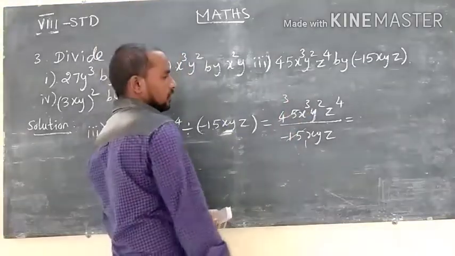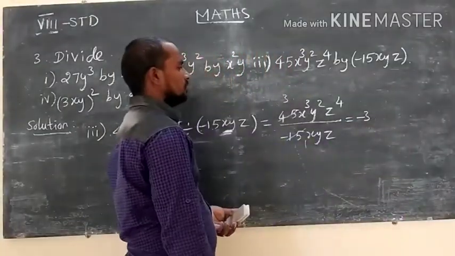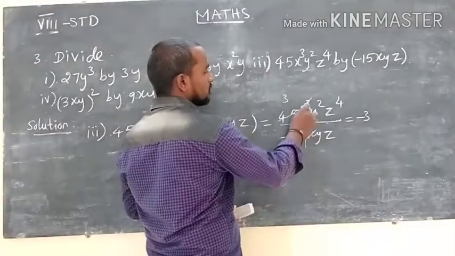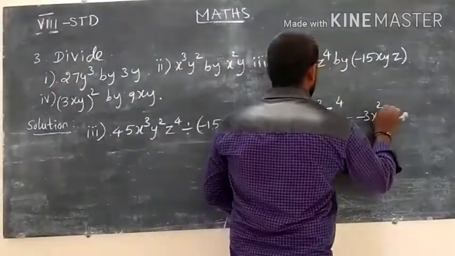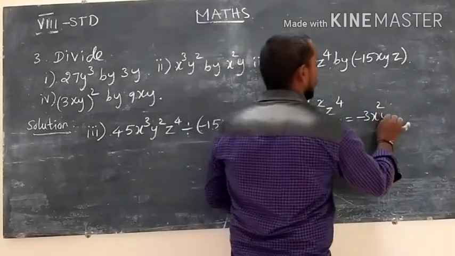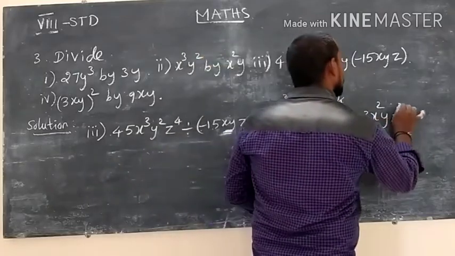The minus 3 is the coefficient of the term. So x and x are cancelled, only 1x cancelled, remaining x square. In the same manner, y and y square, 1y cancels, remaining y. Then z is cancelled, remaining z cube.